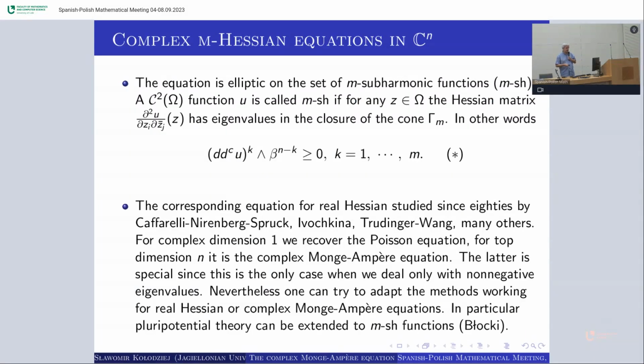So m-subharmonic functions are those with the Hessian matrix having eigenvalues in the cone gamma m. But this definition is correct for functions which are of class C2. And now we drop this assumption. We do not have any smoothness. So we consider subharmonic functions, and this is a two-step definition.